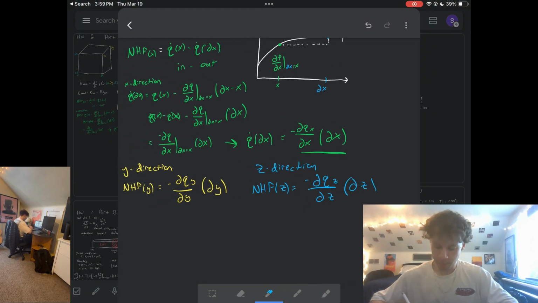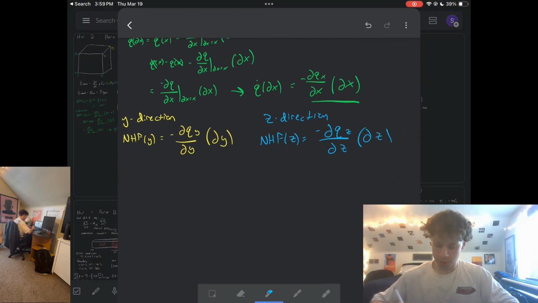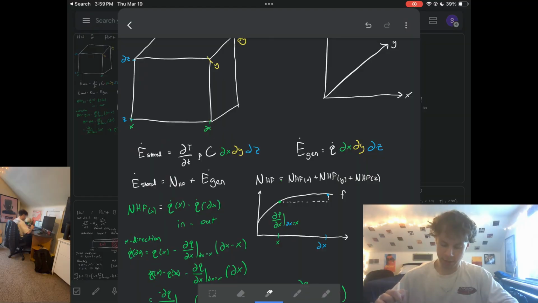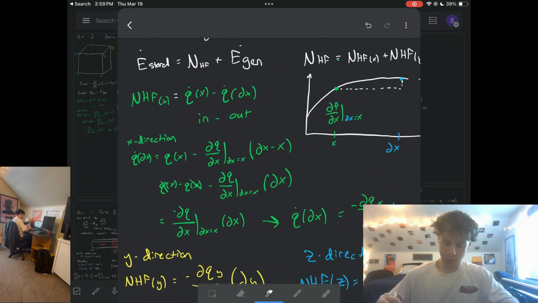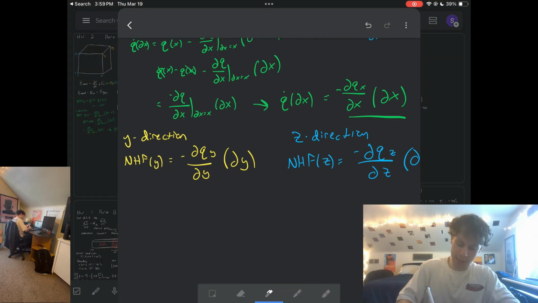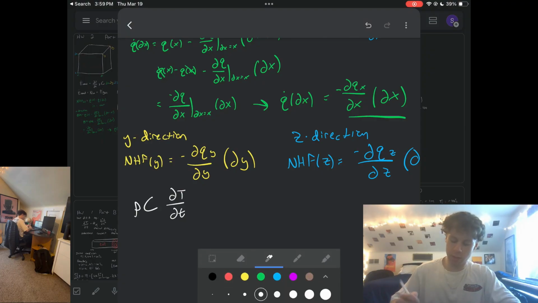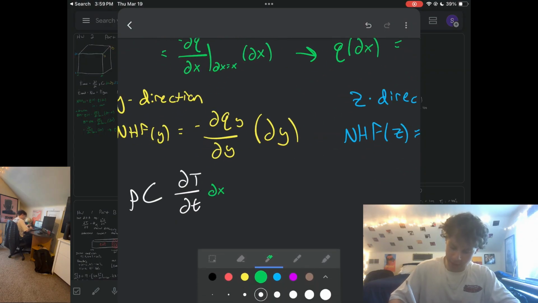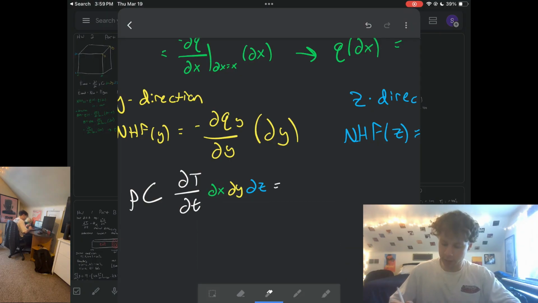Okay. So, using this and relating it back to this equation here, we'll get our energy stored, which we said is our density times our heat capacity times our change in temperature with respect to time, evaluated throughout our volume, dx, dy, dz, is equal to our net heat flow.